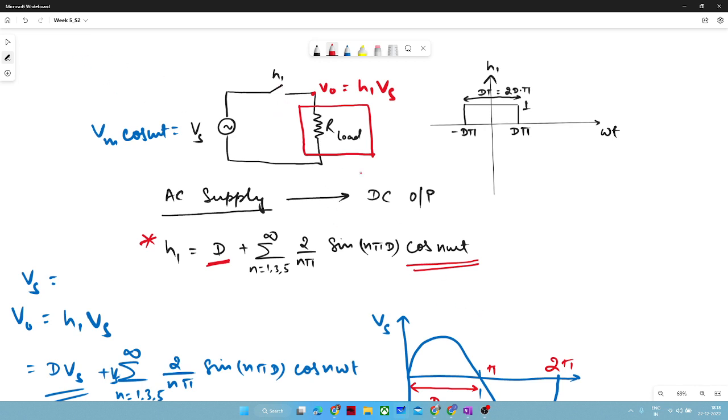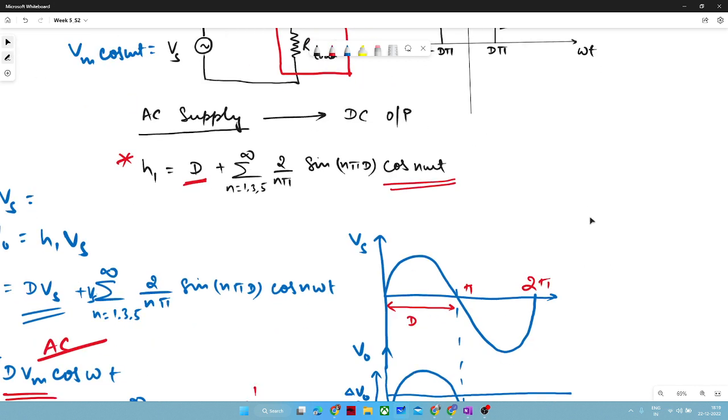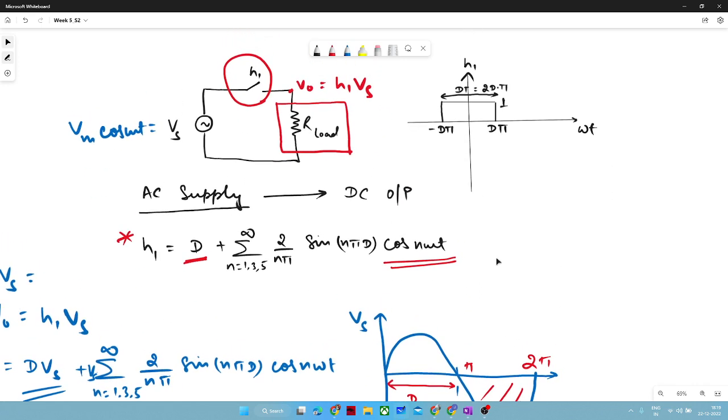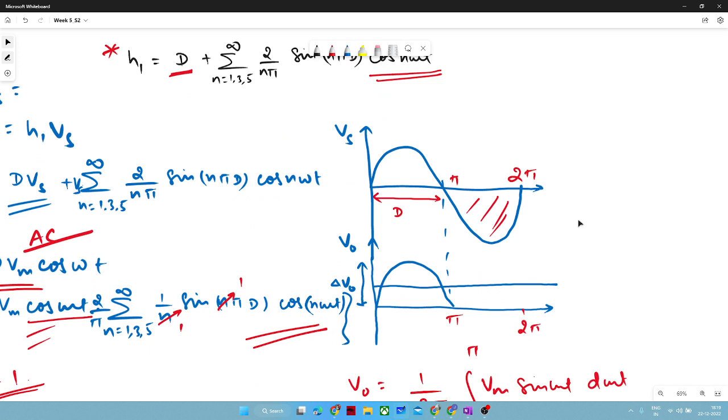If your supply is going in the negative direction, this switch would be in reverse blocking mode, and hence it will not conduct after pi. So its duty cycle, if we write in terms of integer, will be 0.5 only.